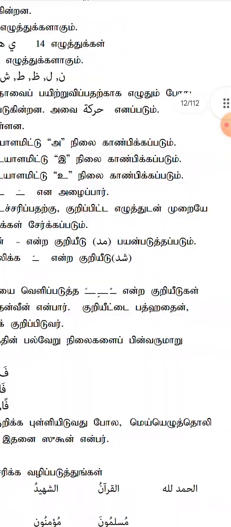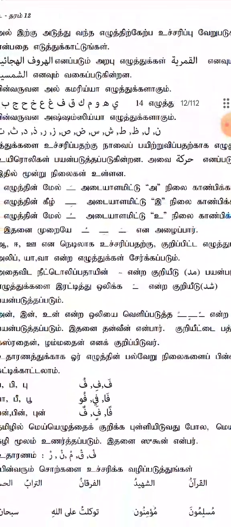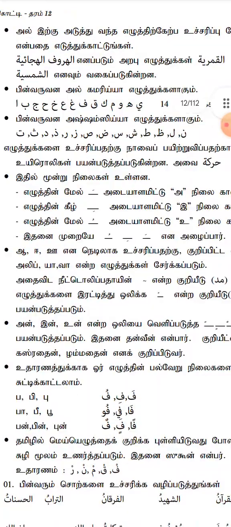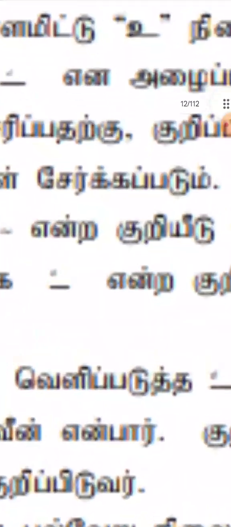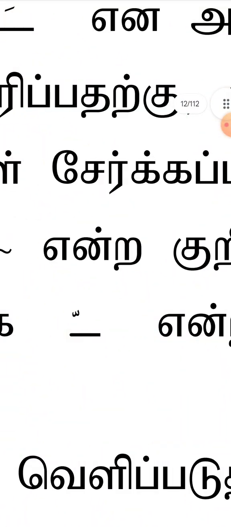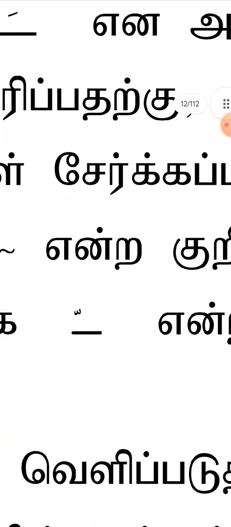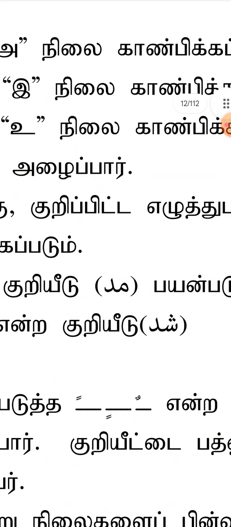Okay, mad. And then if we want to pronounce the letter in a double way, if I take the letter kaf, in the double way we use this sign. It will appear upon the letter, so in Arabic we call it shadd.